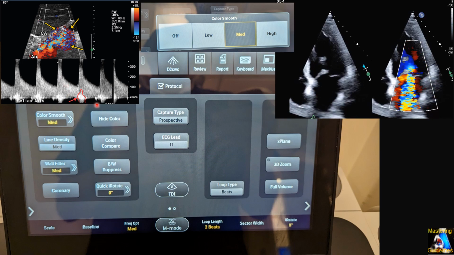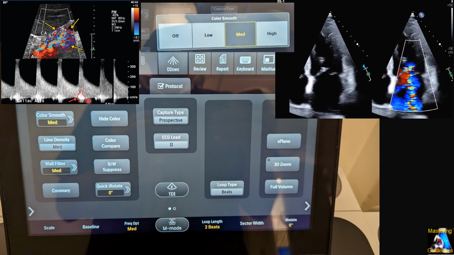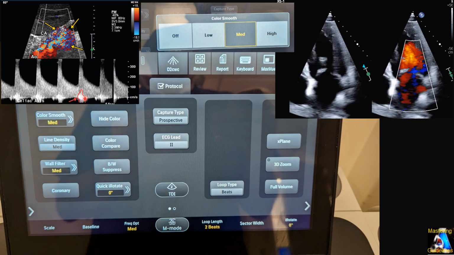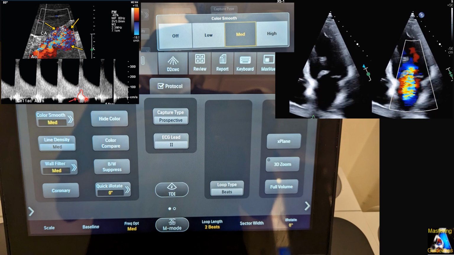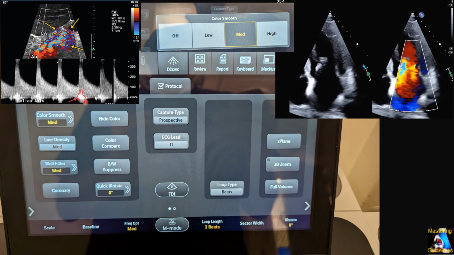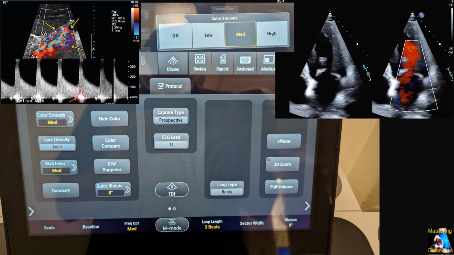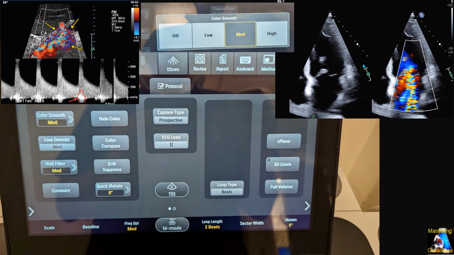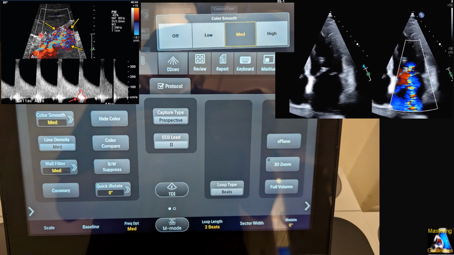On the Doppler you can see it as strong signal at the early systole, low velocity but strong Doppler. With increasing wall filter, we eliminate this bruit artifact.